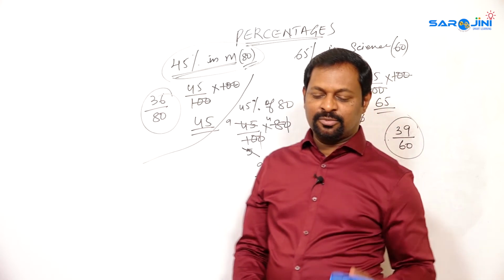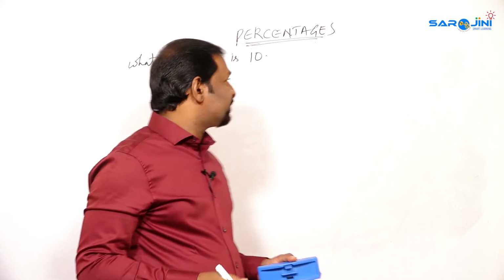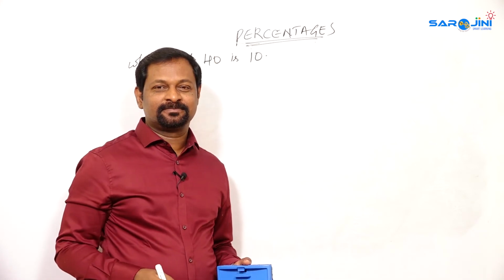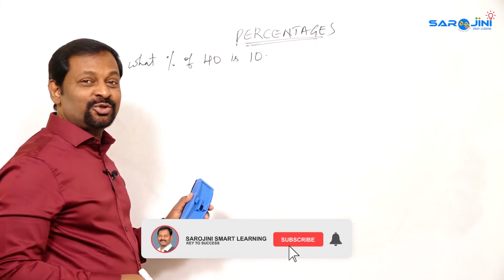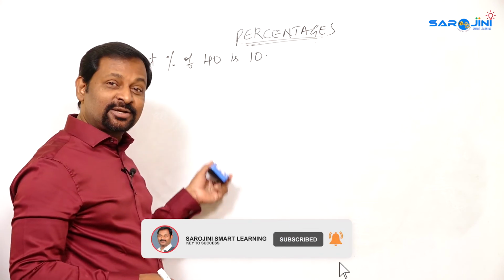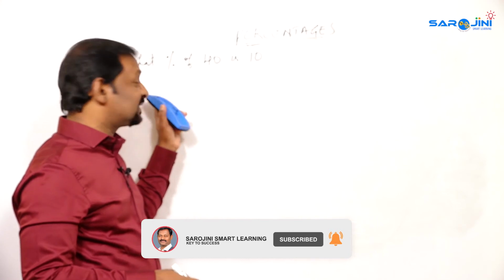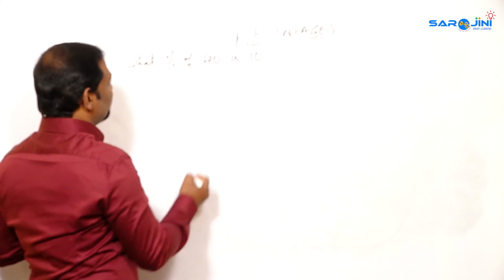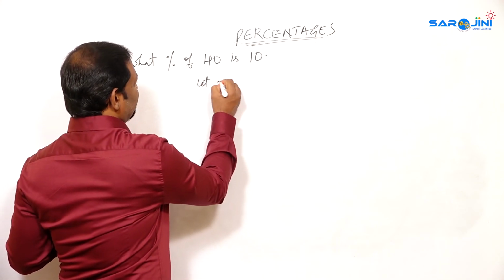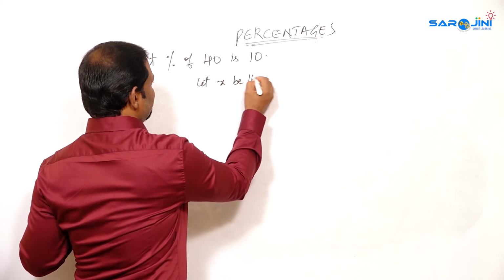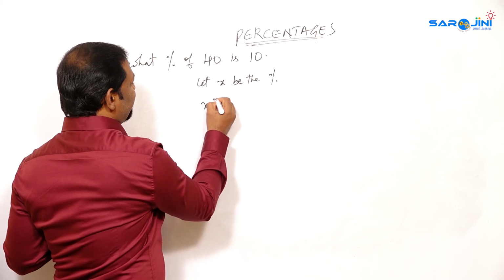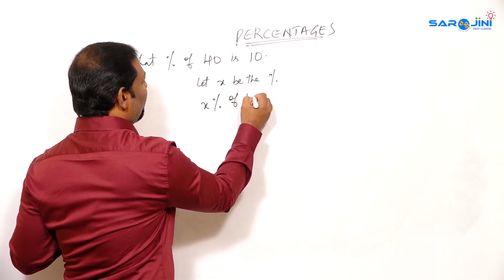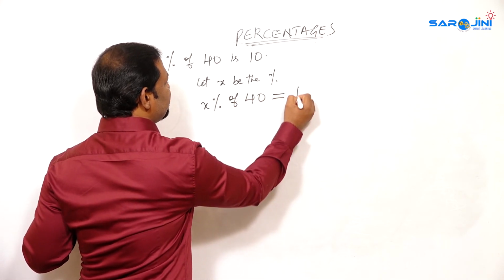Okay, I'll give one more example. Here I wrote a question. Now it's a reverse question. He did not give any percent. Now you have to find out what percent of 40 is 10. How do you write it? Let x be the percent. So x percent of 40 is 10.